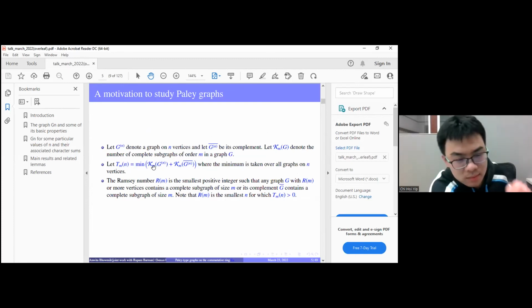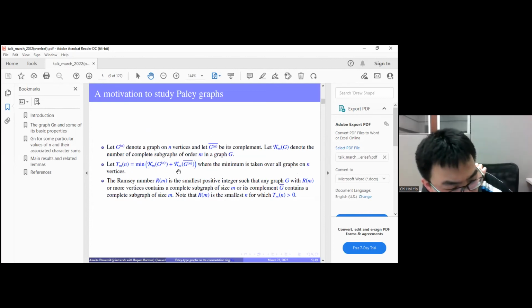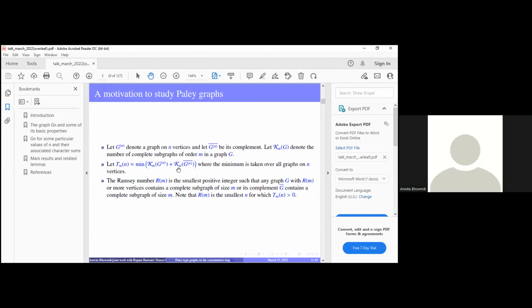Here, if you notice, km of g bar, k means the number of complete subgraphs of order m. Since to find out Ramsey R of 4, we needed to find out k4 of g, maybe because of that, the interest went to calculating k4 of g or maybe k4 of other graphs as well.